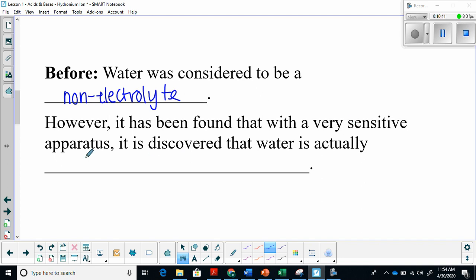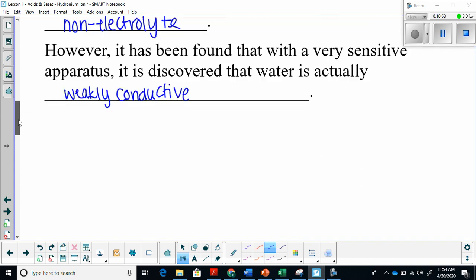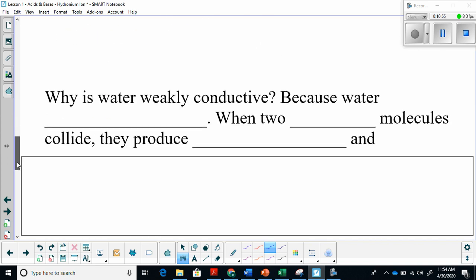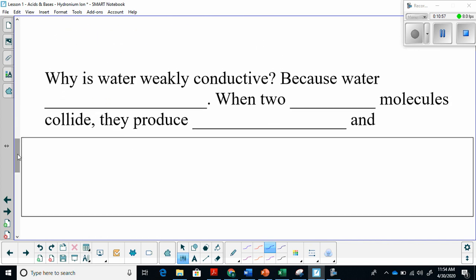So it can conduct electricity, but very weakly. So what makes it weakly conductive? Why is water weakly conductive?